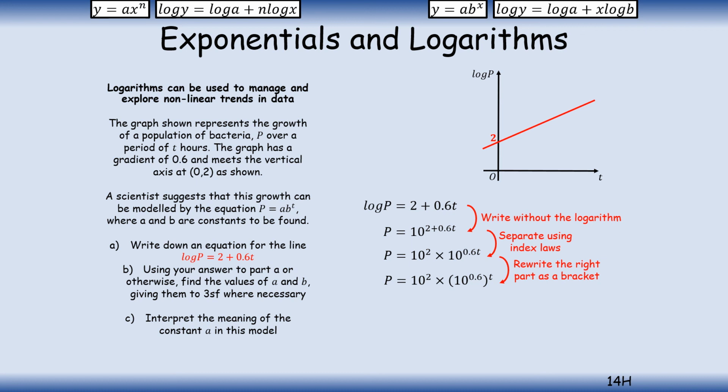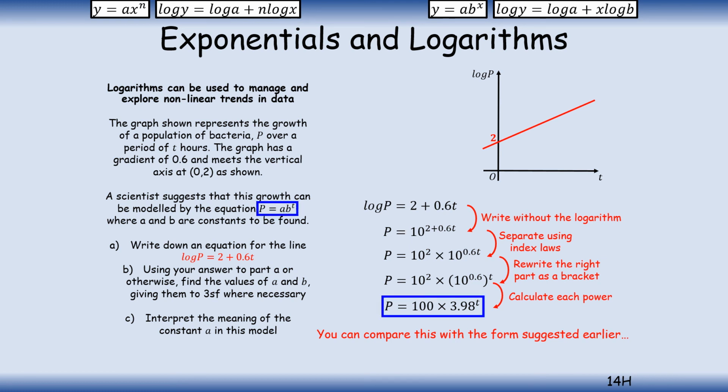And 10 to the power of 0.6t, again using the indices rule, we could write in a bracket like this. And 10 to the power of 0.6, we know is 3.98. So this is the equation for P. We are asked to find the values of a and b. So P is equal to 100 times 3.98 to the power of t. So a must be 100 and b must be 3.98.